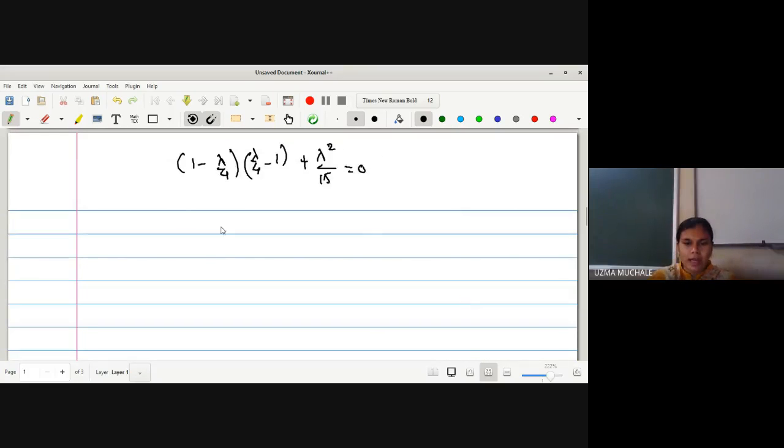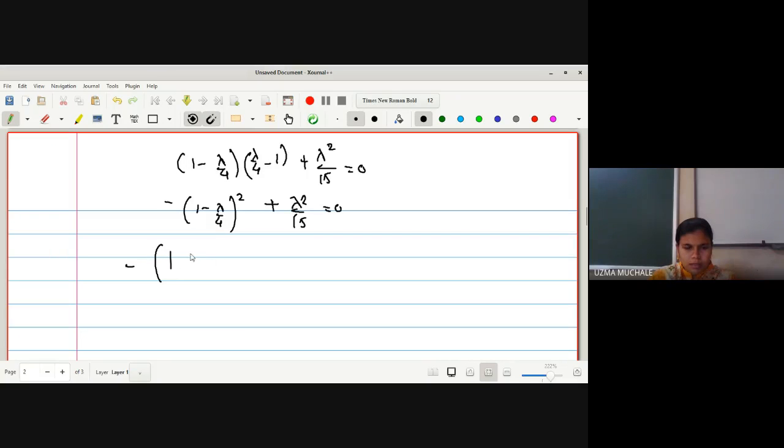Let us solve the value of this determinant. If I take a minus sign outside from this, it will be of the form 1 minus lambda by 4 whole square plus lambda square by 15 is equal to 0.